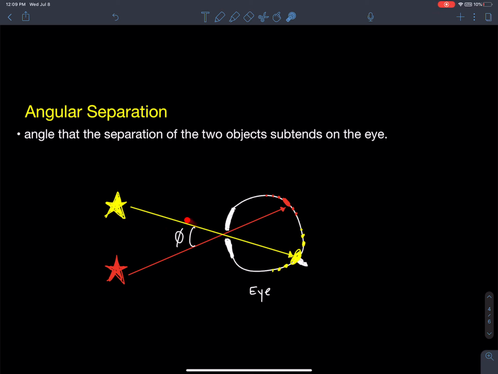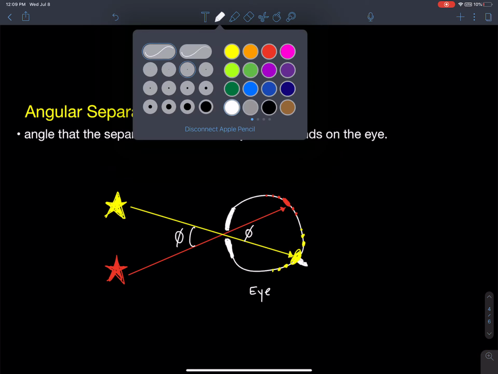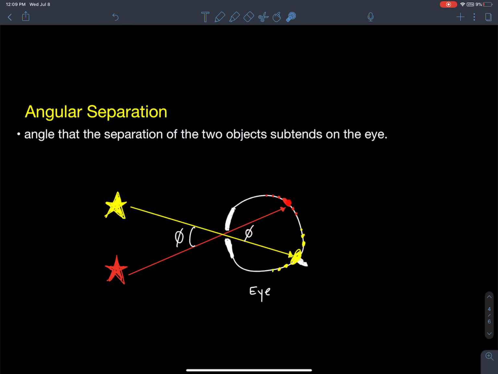That angle is my angle of separation, the separation of the two objects, the light that is reflected from them that they subtend onto the pupil of my eye. And that angle is the same angle that the central maxima would form, between the central maximum from that and the central maximum of that. That angle would be the same as that angle based on geometry rules. So that's the angle that is being subtended.